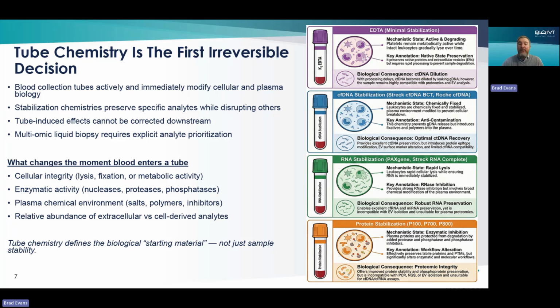Protein stabilization tubes inhibit degradation but alter enzymatic and molecular workflow. So the key takeaway here is that tube chemistry is a biological decision, not just a logistics one. Because each tube chemistry reshapes the sample differently, the next slide translates this biology into something very practical: how common tube types functionally align or conflict with different analyte classes.